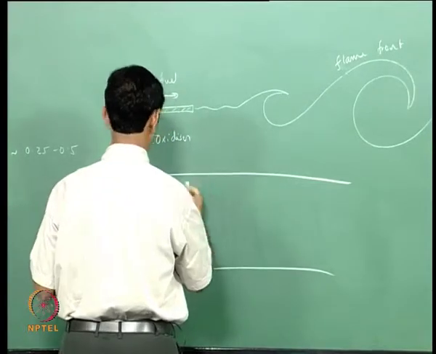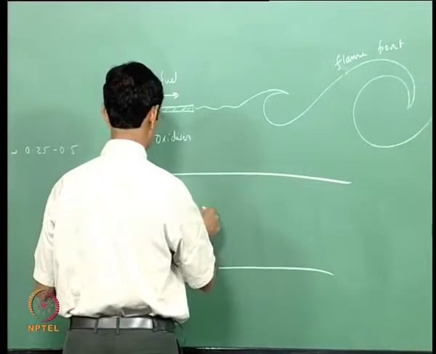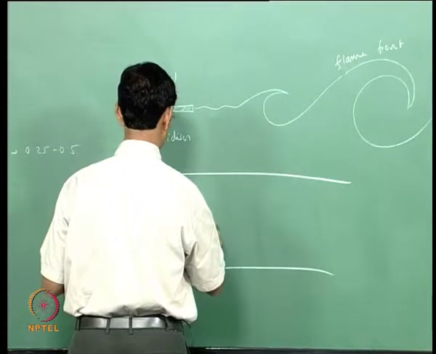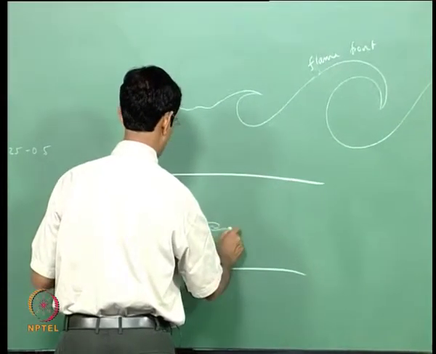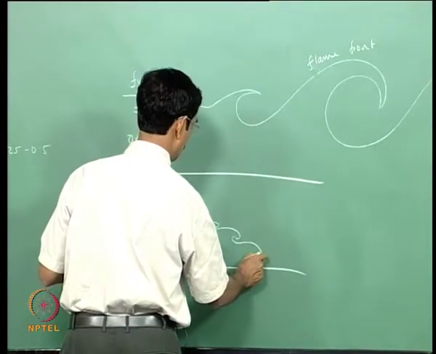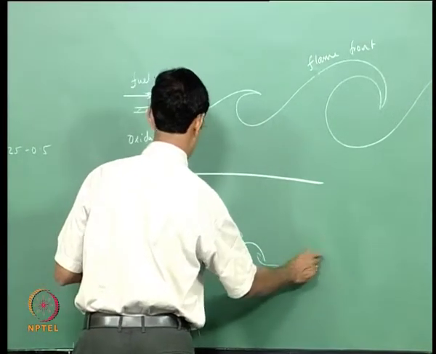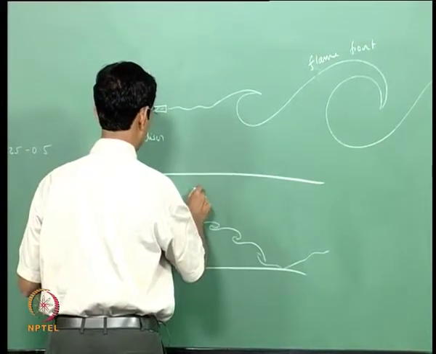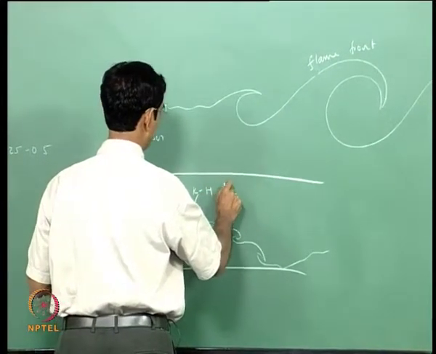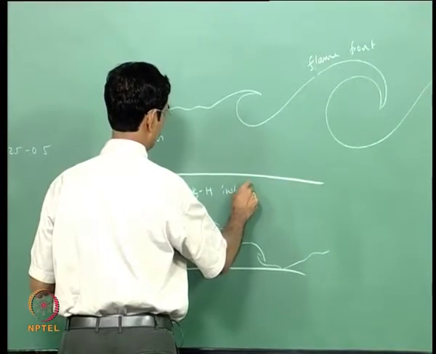So you can have either a premixed or a diffusion flame, in either case it is coming this way. And so you do have a Kelvin-Helmholtz instability.